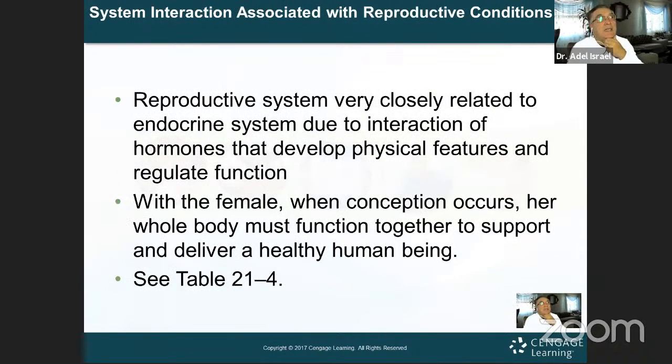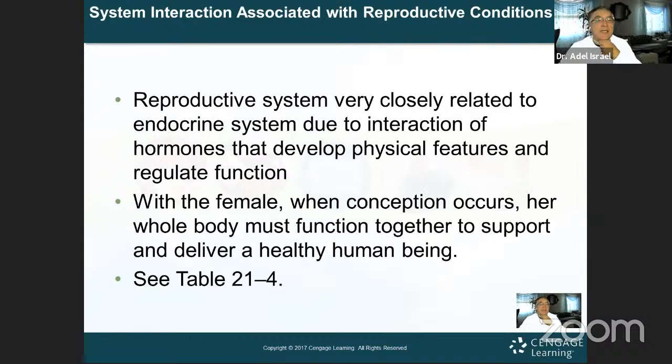The last slide is system interaction association with the reproductive condition. The reproductive system is very closely related to the endocrine system due to the interaction of the hormones. With the female, when conception occurs, what does it mean? Pregnancy. Her whole body must function together to support and deliver a healthy human being.